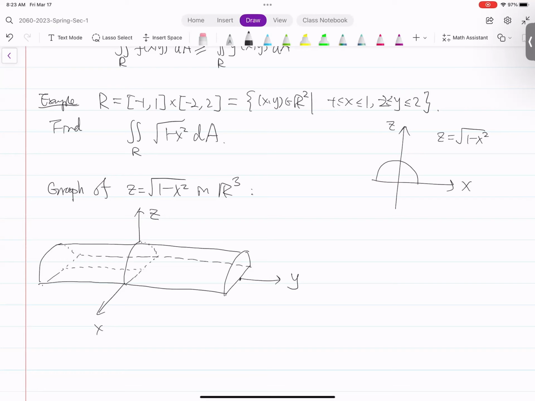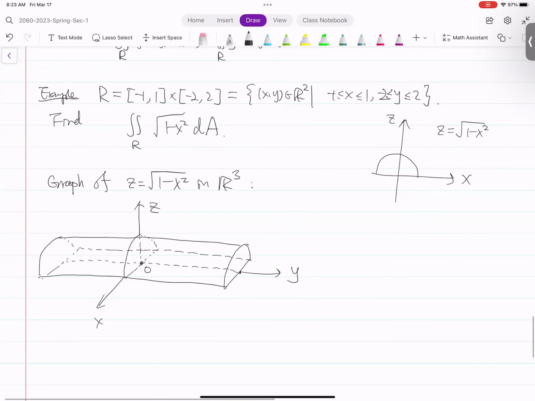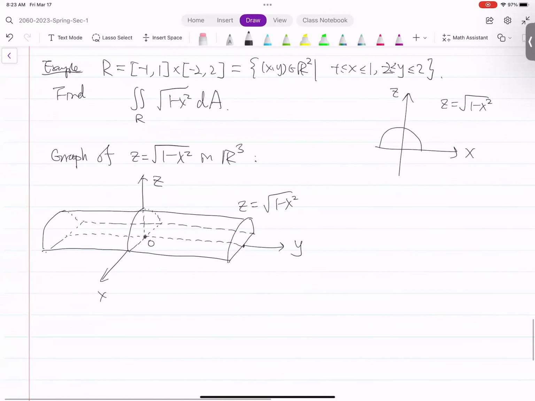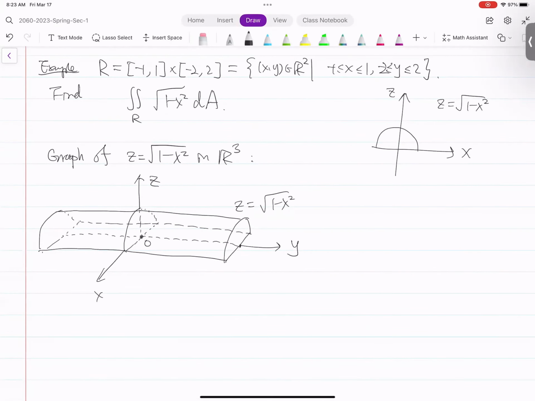That's the axis here, and this is the origin. This surface at the top is z equals, excuse me, the square root of 1 minus x squared. Once again, whatever y value you fix, it's always going to be a semicircle.